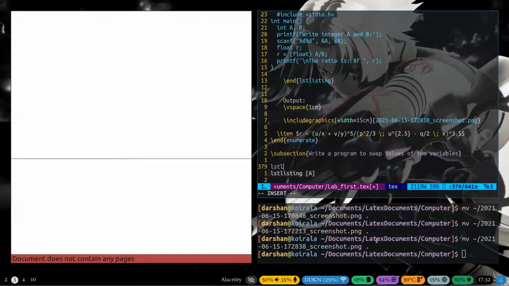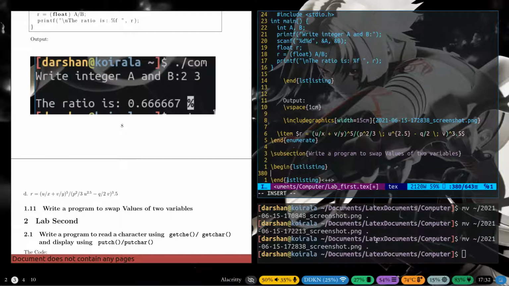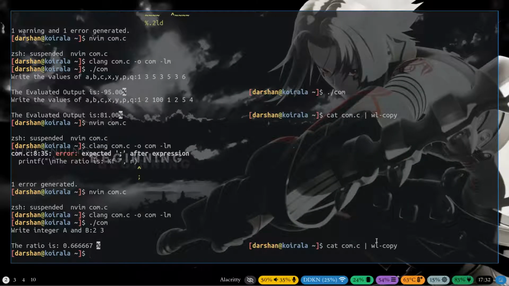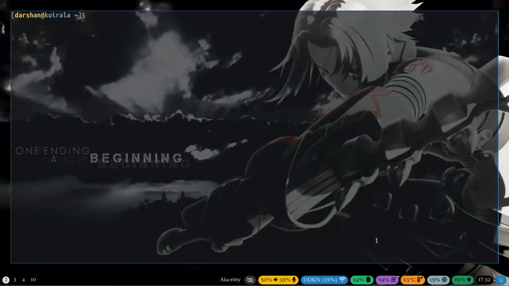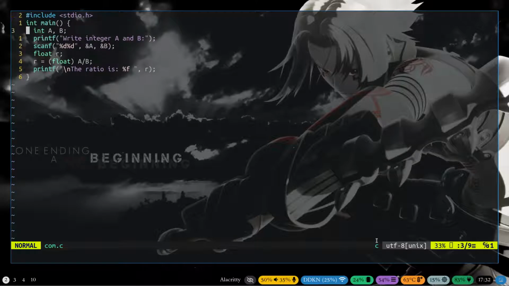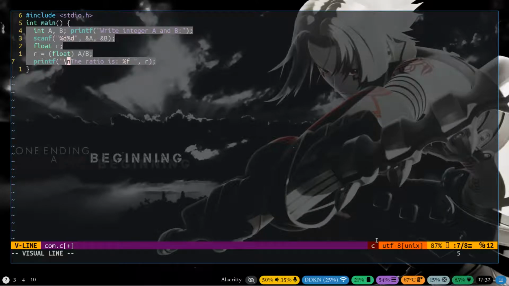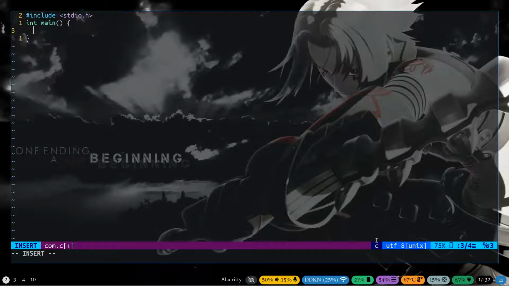Okay, lst listing. Okay, I'll write a program to swap two values of two variables, say a and b. I think I do not need any input for this thing, because actually I don't think that input was needed in this, but whatever.